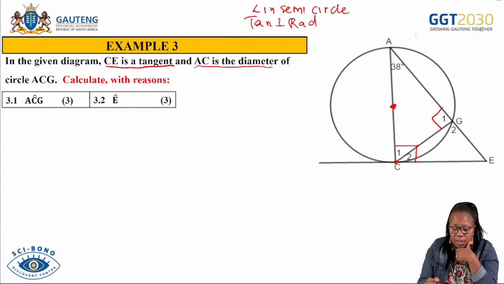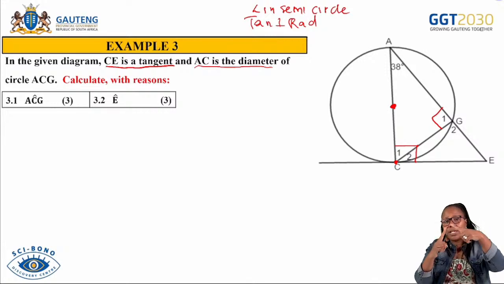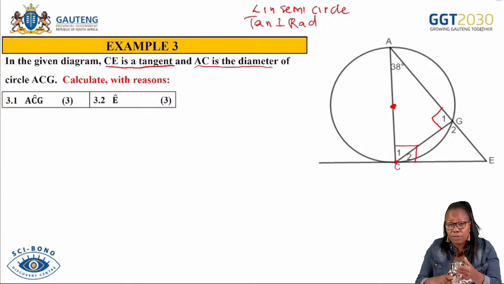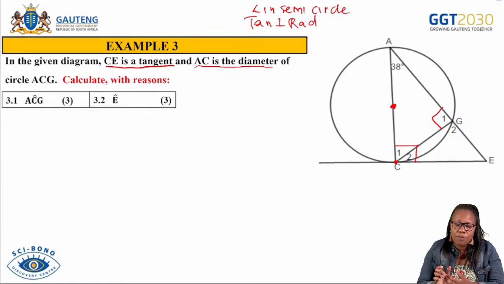Next theorem for tangent: two tangents from the same point. Do not misconceive the line AE as being a tangent. That is not a tangent. We have only 1 tangent line, which is CE. Therefore, AE is a misconception. That means the application of tangents from the same point is not applicable for this one. The last one, we are checking tan chord. Tan chord will always be applicable in most of your riders.